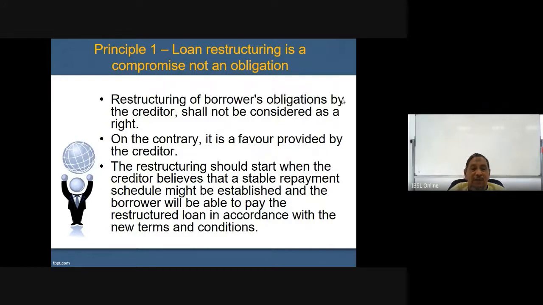Based on the cash flow, set the loan installment within the customer's ability to pay back the loan. That's rescheduling, and other terms and conditions may be adjusted to support this rescheduling program.